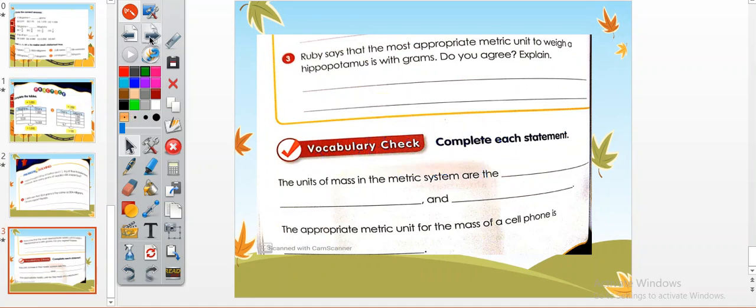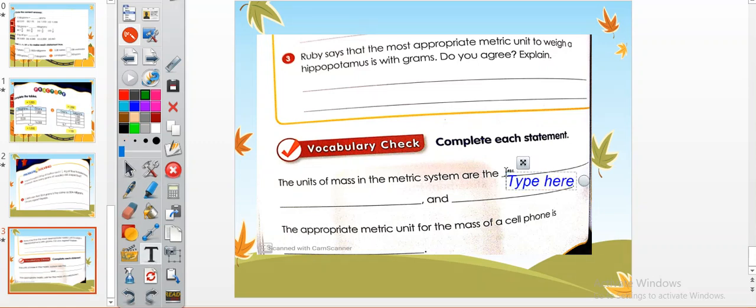Vocabulary check. The units of mass in the metric system are, yes, kilograms, grams, and milligrams. And the appropriate metric unit for the mass of a cell phone is, excellent, grams. So we're gonna write this down.